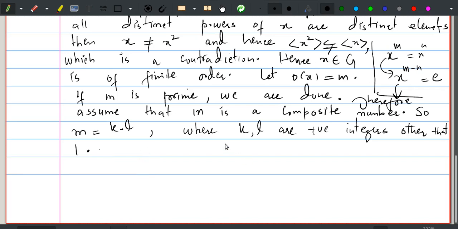Now let us consider the subgroup generated by the element x to the power k.